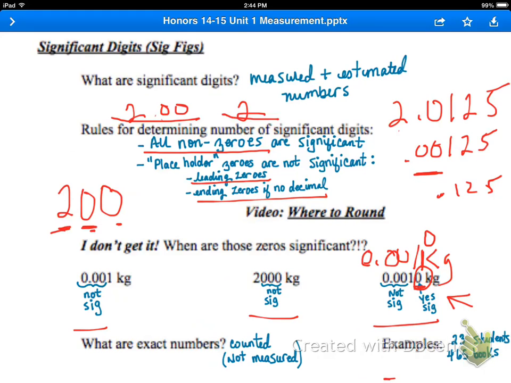Okay? So now, if I look at these numbers, they are there just to hold place. I have to have them in there because if I wrote it as 0.10, that's a very different value than 0.0010. Okay.